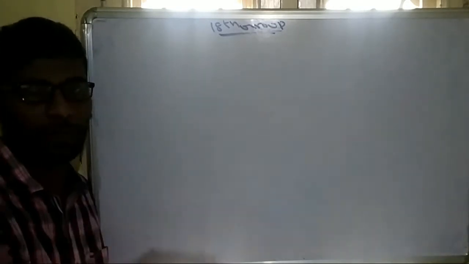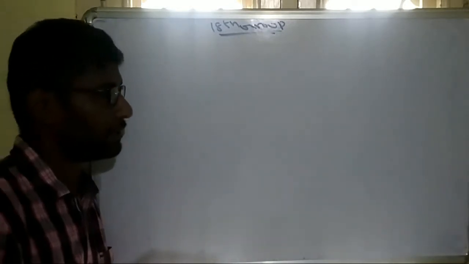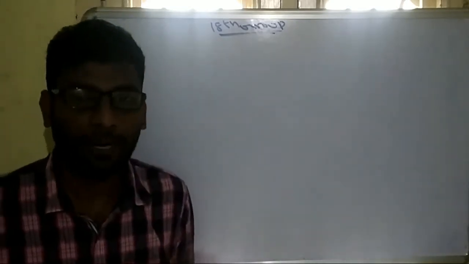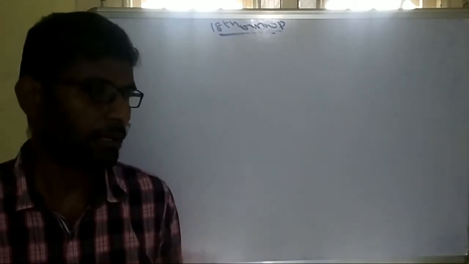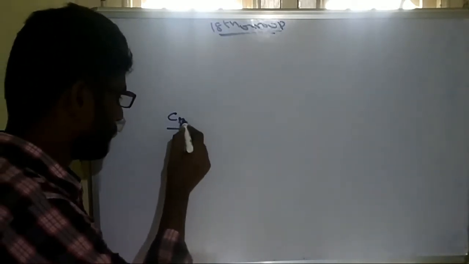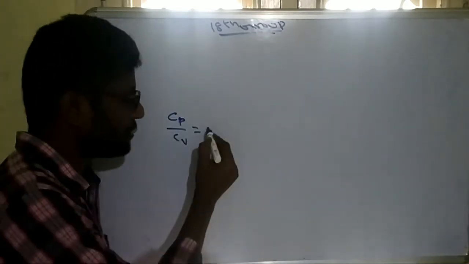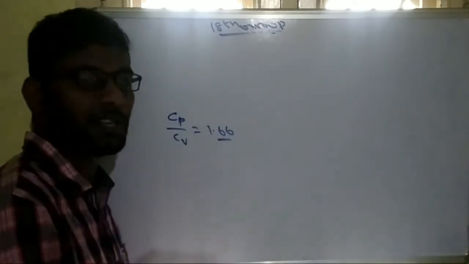Since they are highly stable and do not react with other elements, they always exist as monoatomic gases. Whenever anyone asks the Cp by Cv ratio of monoatomic gases, it must be 1.66. This is called Poisson's ratio.